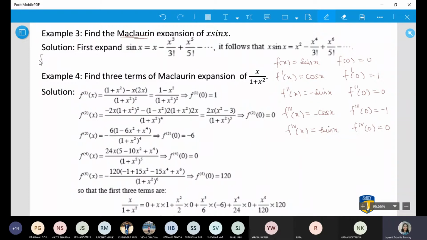Now what was the expansion? The expansion was f(x) is equal to f(0) plus x f dash 0 plus x square upon factorial 2 f double dash 0, and so on.